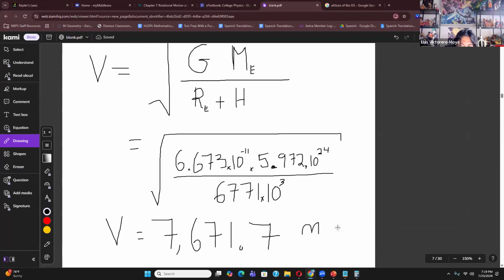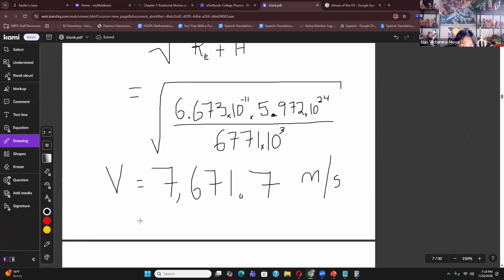meters per second. This is why for orbital velocities of satellites or even planets, we write this in kilometers per second. How do we write this in kilometers per second? We just divide this number by 1,000. It will give us 7.67 in three significant figures, kilometers per second. That is the orbital speed of the ISS.